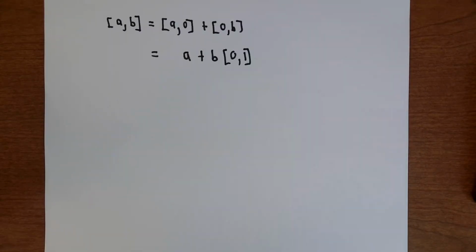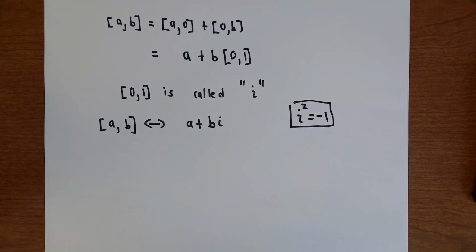Just as we invented symbols that represented 7 over 3 and square root of 5, we're going to introduce a new symbol for this special number that gets multiplied by b here, the bracket quantity 0, 1.